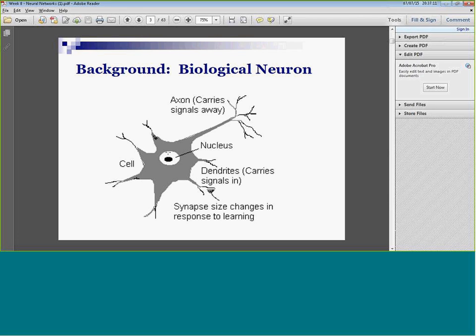Something mysterious, not quite well understood yet, goes on in the nucleus, and depending on whether that reaches an excitatory or a dampening signal, it sends out a signal. Each neuron can send out a signal, just one axon, but that axon can be connected to hundreds, if not thousands, of other dendrites, which are inputs to other neurons. So it's kind of a layering effect.